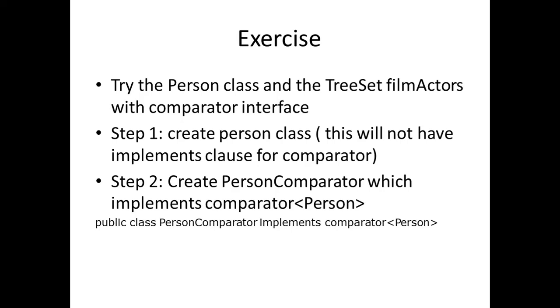Step 1, create a Person class, a normal Person class, which will have properties defined, then getter methods, then a constructor, and then the toString method. Step 2, create a PersonComparator class, which implements Comparator<Person>. So the class declaration is as shown below. And as step 3, you are supposed to write the TestComparator class, which will have the main method, and in the main method you are going to add the persons in the TreeSet.